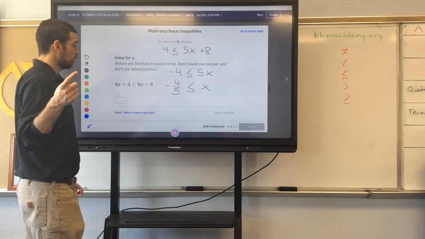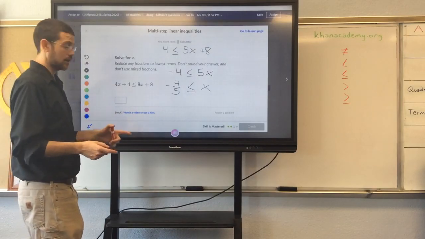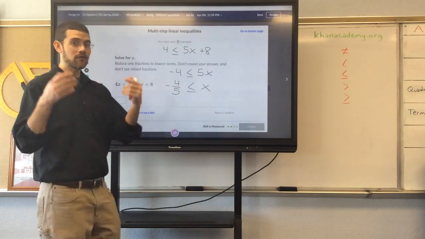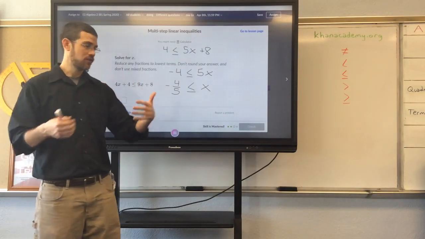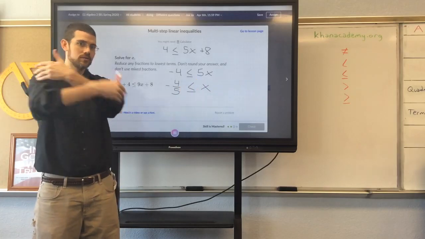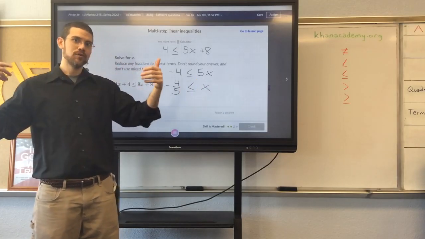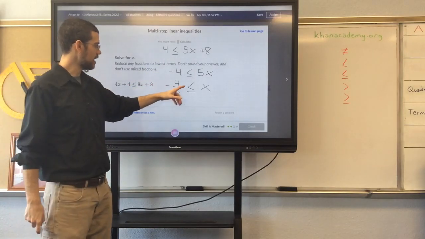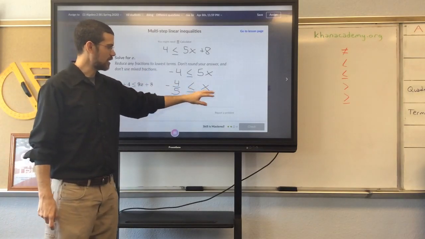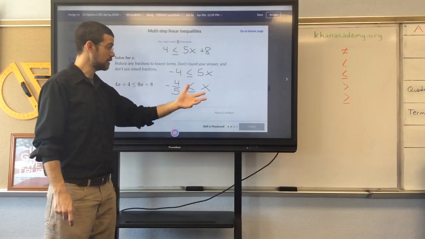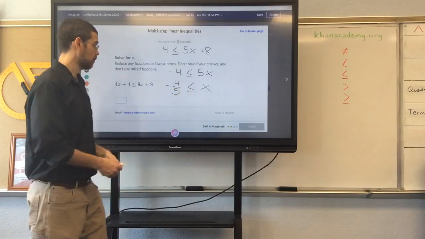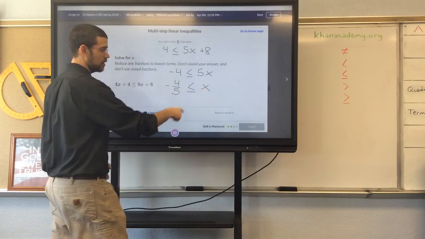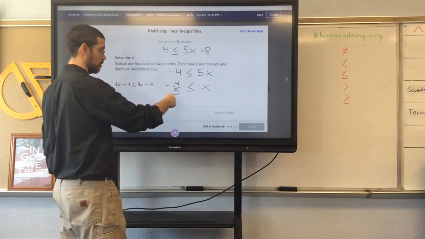Now, I can enter that as my solution, or if I wanted to put x first, when you have an equation you can flip-flop them, because if one thing is equal to the other, then you can say the other is equal to the one, right? So that's not the case here. I can't say that this number is less than that one and then just flip sides without changing my symbol. Okay, so if this number is less than or equal to x, then x must be greater than or equal.